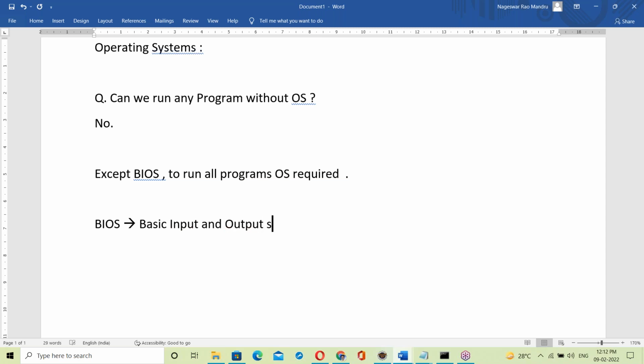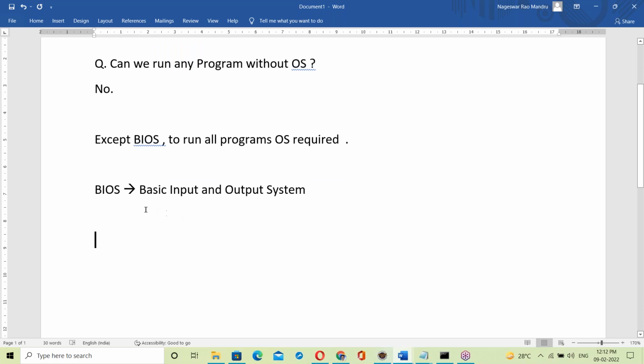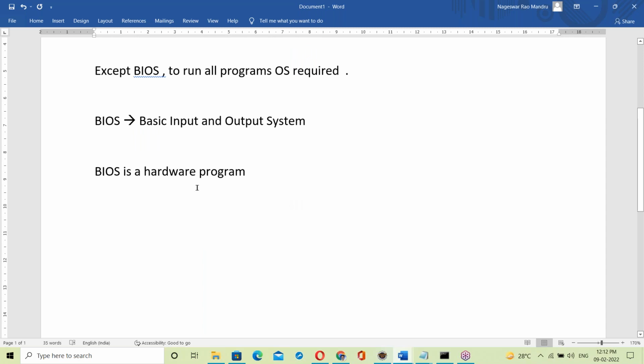BIOS is a hardware program, a chip level program.